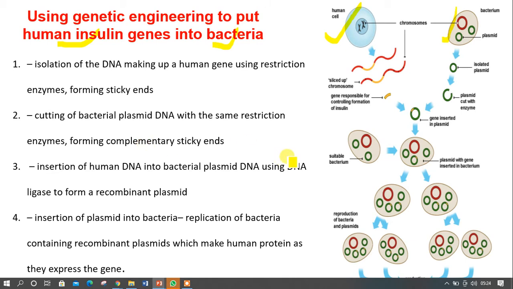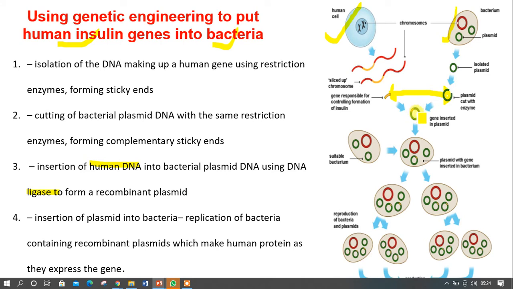So you find that this plasmid that has been cut has complementary sticky ends to this insulin DNA from humans.